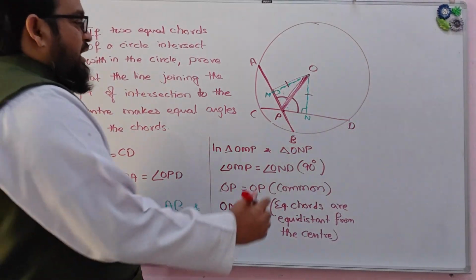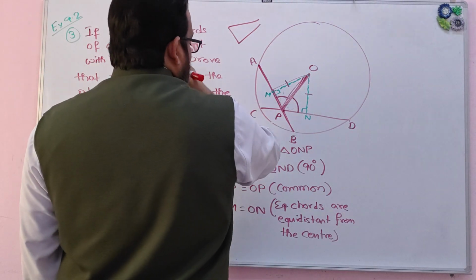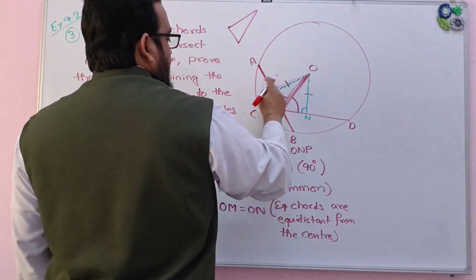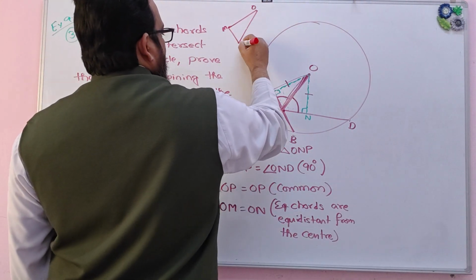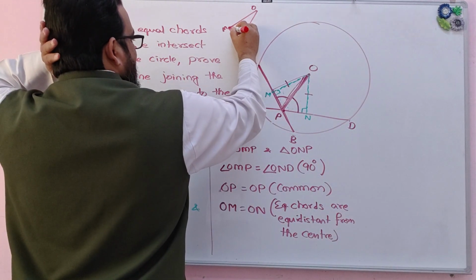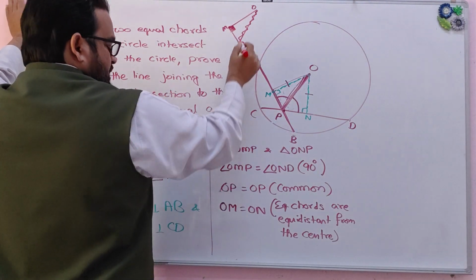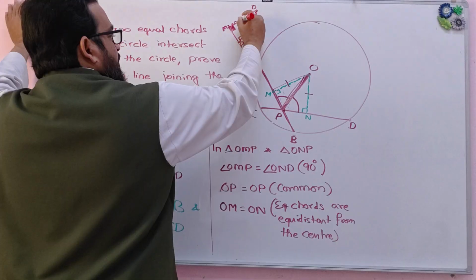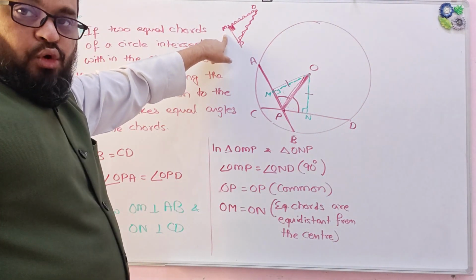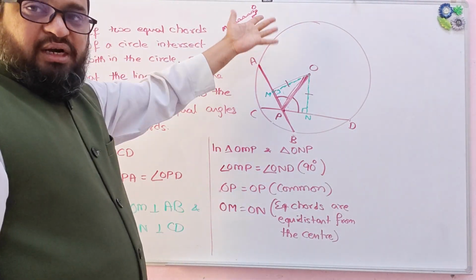Now let me draw this diagram separately. Okay, OMP. Let me see the three parts. Angle OMP is 90 degrees. Then OP is this side, and OM. Here, if I take two sides and one angle, can I take this as SAS? No, we cannot say SAS because it should be the included angle and side, but it is not.